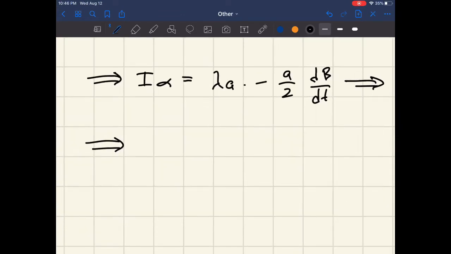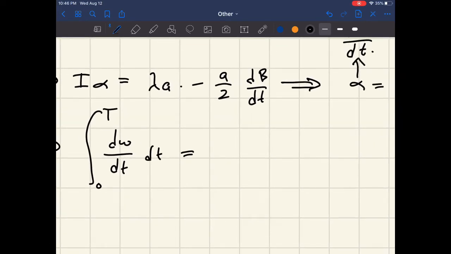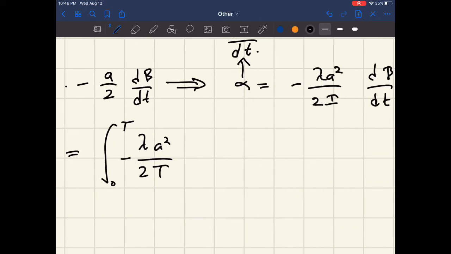So d omega dt, and you're integrating over time. And this you're integrating over time as well. You have negative lambda a squared over 2I dB dt times dt.